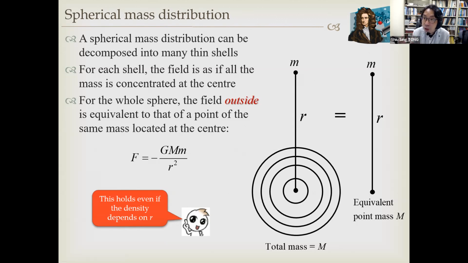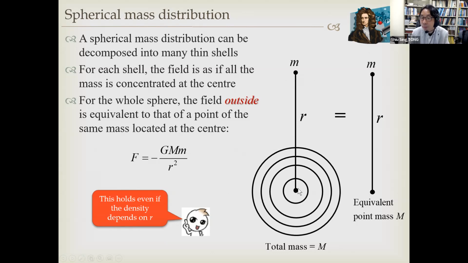And for each thin shell, the force between that shell and the small mass outside is exactly GMm over r squared, right? So the sum of all the shells together will produce the same force. It's still GMm over r squared because r doesn't change. The r is the distance between the mass and the center, and this distance is common for all the shells.